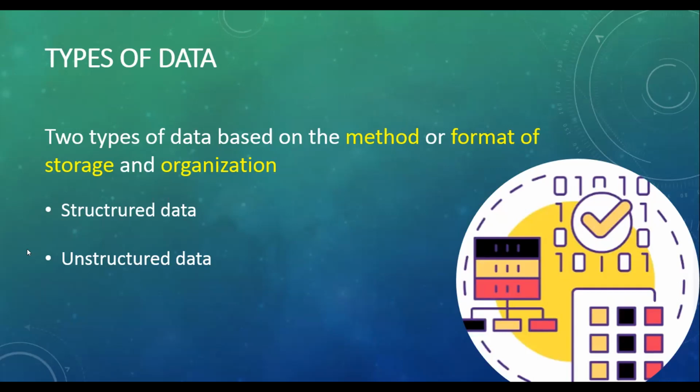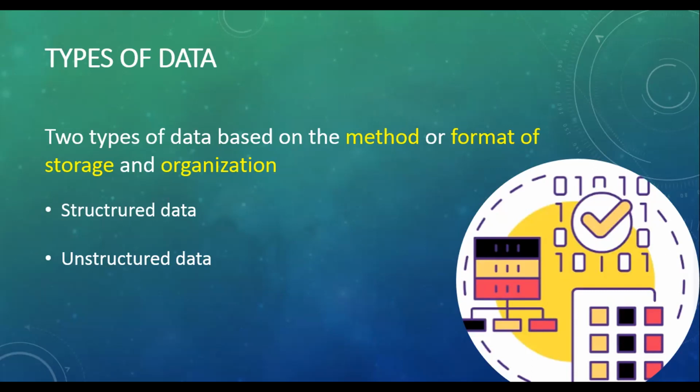And the second, unstructured data, is data that does not have a predefined format or structure. Unstructured data is often not organized in a table or column format and can be text, image, audio, video, or data from social media.